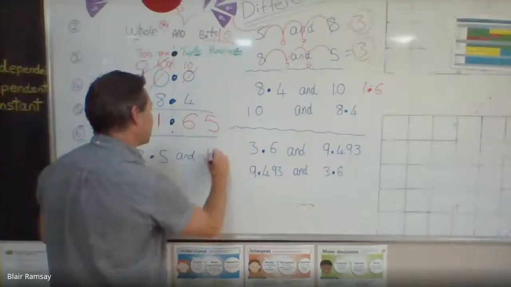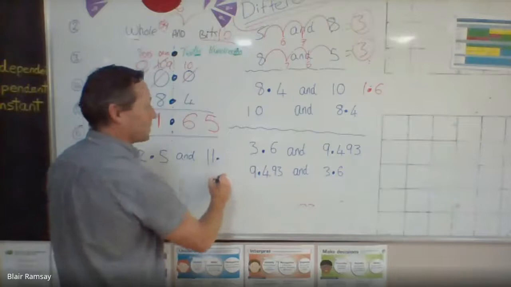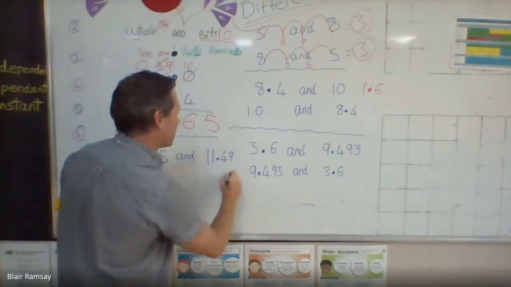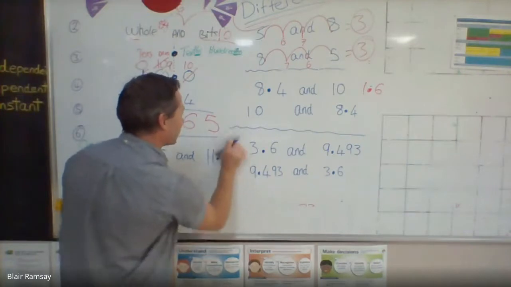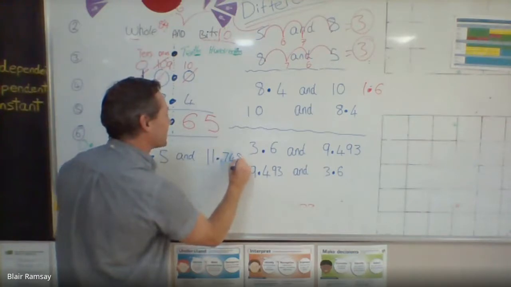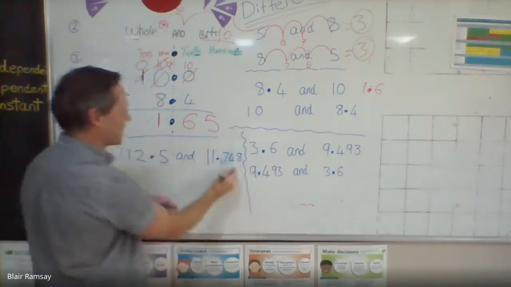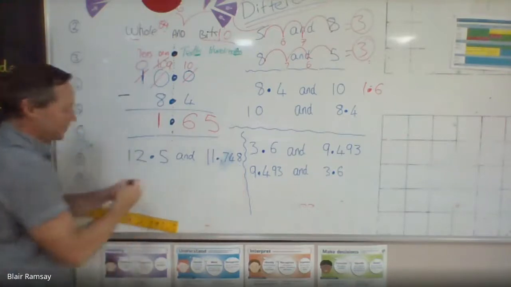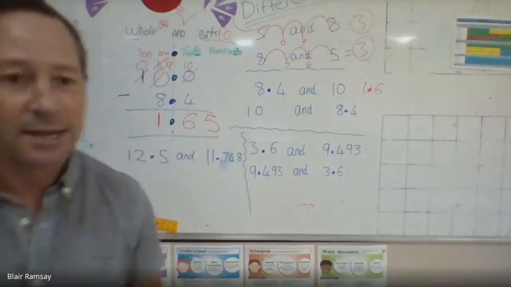Oh, 11 point, I'll use a combination. Oh no, I won't use that. 7.48. Okay, so can you see that one, those fast finishers? All right, have a go at that. Be back in a sec.